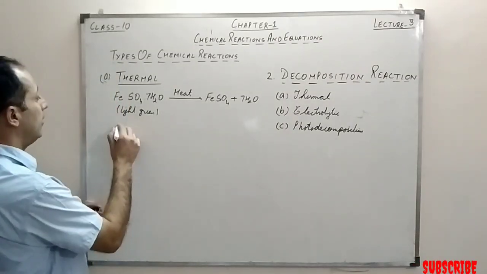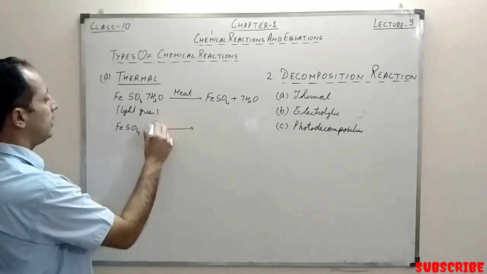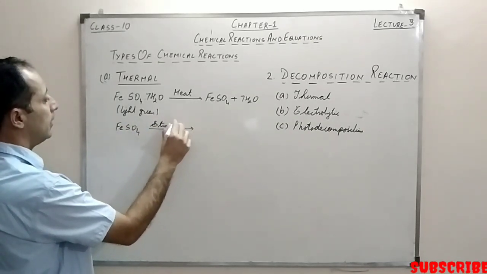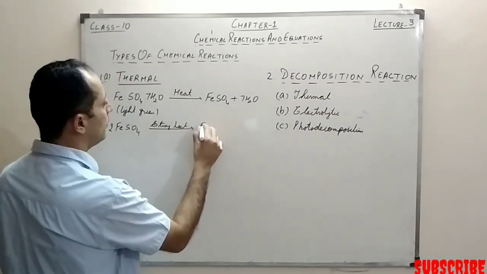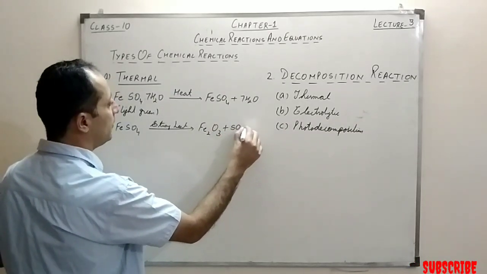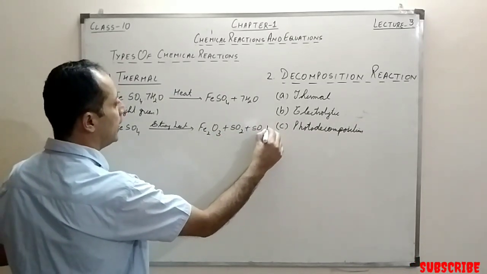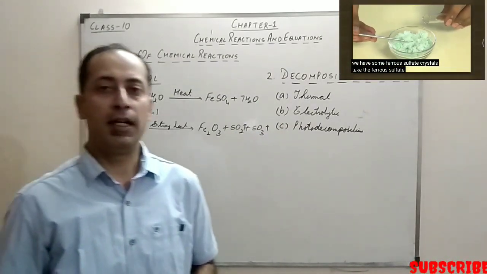Then further, if we heat it strongly, this ferrous sulfate breaks down to form Fe2O3 plus two gases, SO2 and SO3. You can see the reaction on the screen at the top, right?